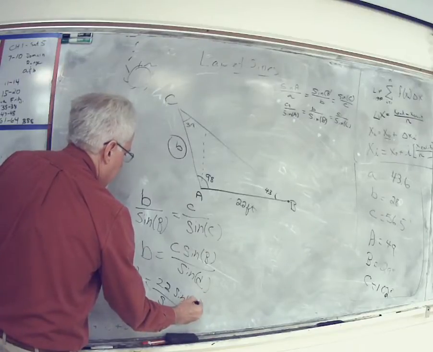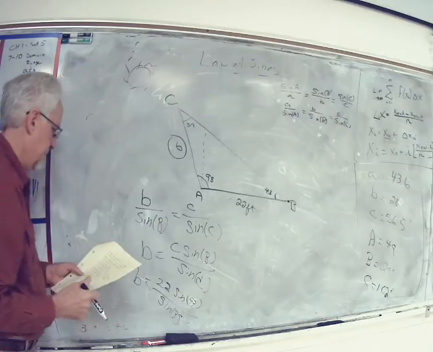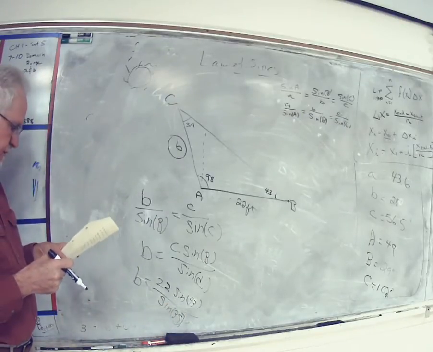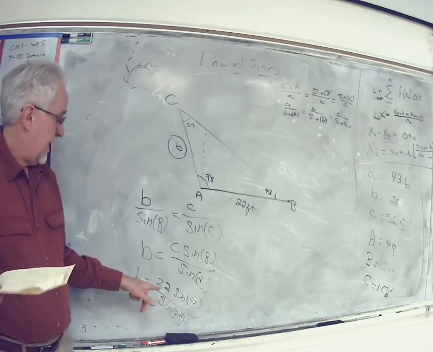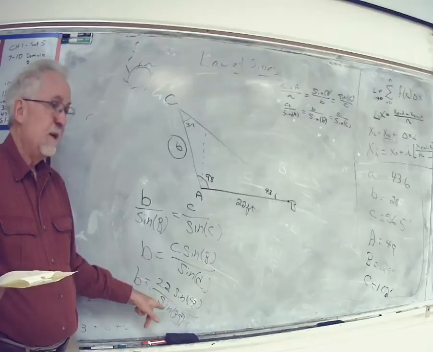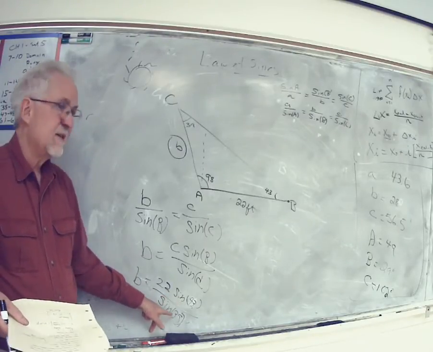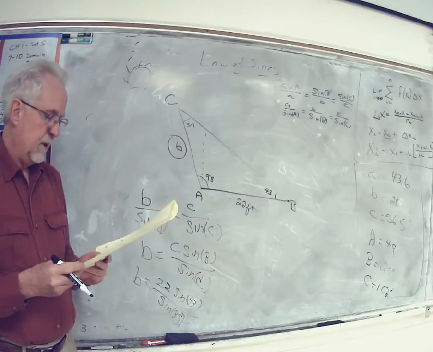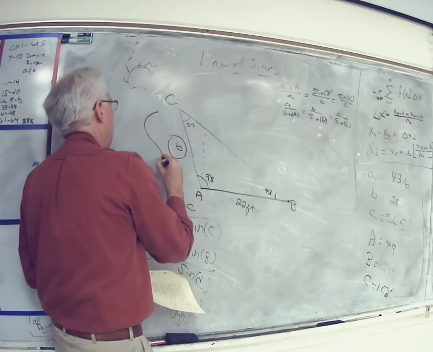So b is 22 times sine of 43 divided by sine of 39. You guys pay attention. That's not sine of 43 divided by 39. You can't do that. It's sine of 43 divided by sine of 39. Don't use shorthand there because it'll be wrong. Okay, what do you get? It's 23.8.